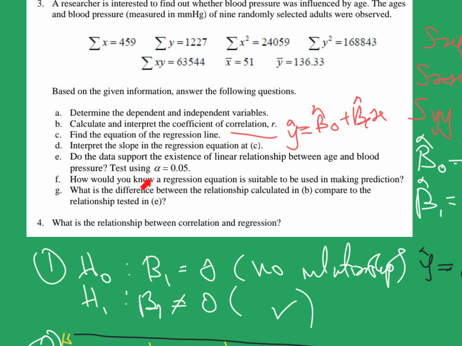How would you know a regression equation is suitable to be used in making prediction? How would you know that?